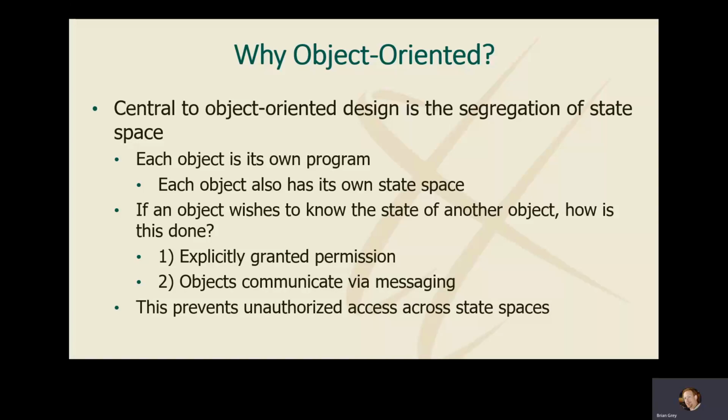I can't see inside of my player character object to see its HP unless I use the door provided by the designer. And what this does is give the object, and the designer of the object, control of its own information. So you can have truly private information that no one else can see, and you can control that.